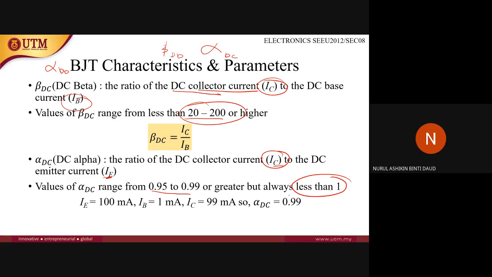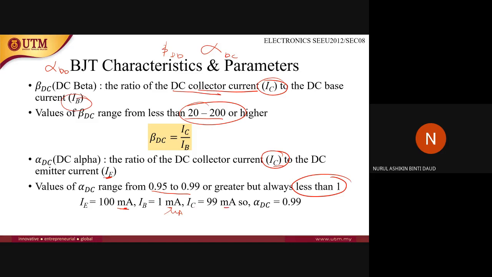The reason, for example, is that emitter currents are usually around milliamps, and base currents, which are the smallest, are usually around microamperes, and then collector currents are also around milliamps.